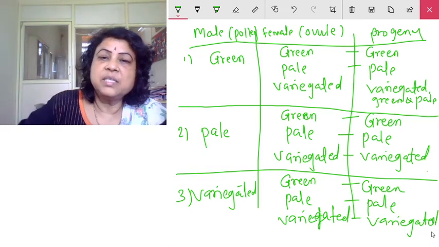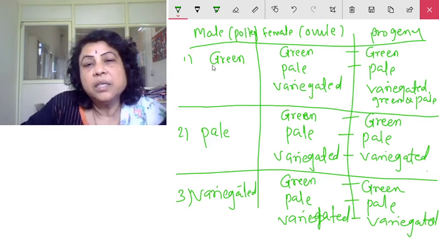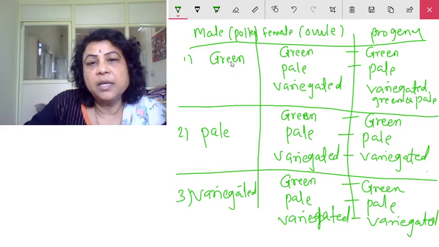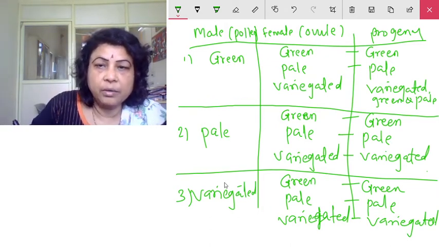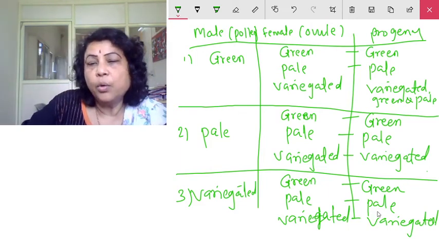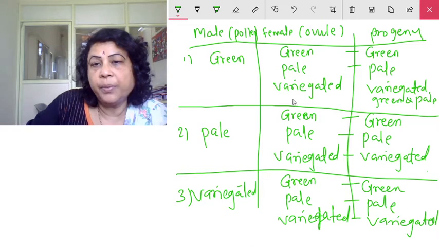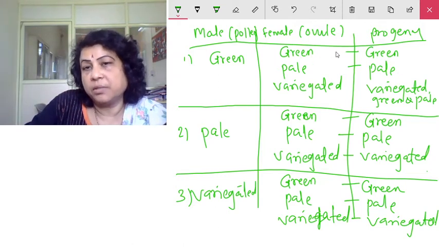That means this table shows that even though the male may be from green or pale or variegated, the resulting progenies were only according to the female, that means from which branch the female comes. If it comes from the green branch, the progeny is green.